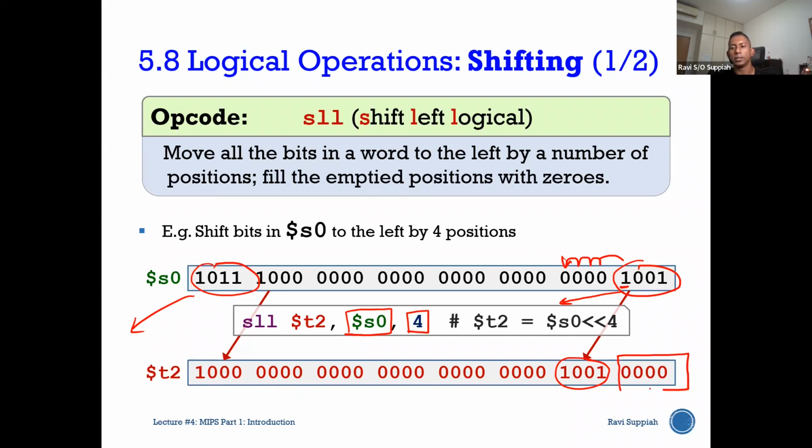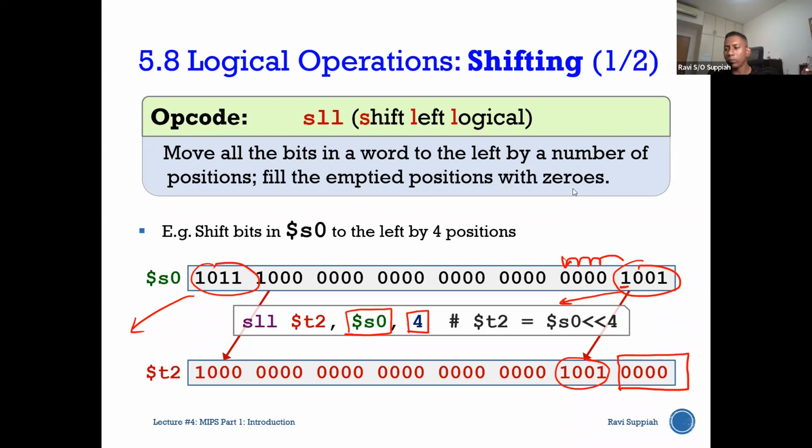Zeros get shifted in. This is the way in which shift left logical works. So when you say shift left logical, I'm shifting all the bits to the left by a certain number of positions. Whatever is on the leftmost will get shifted out, and whatever is on the right will be 0.